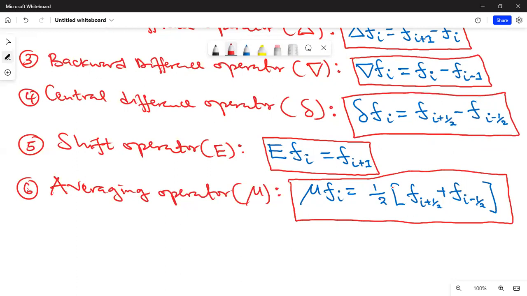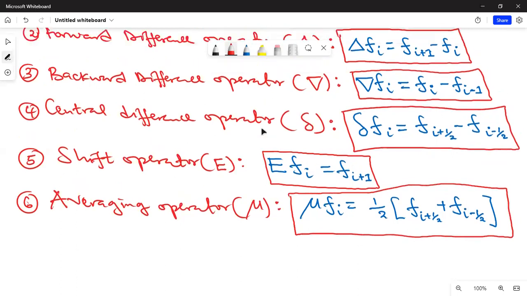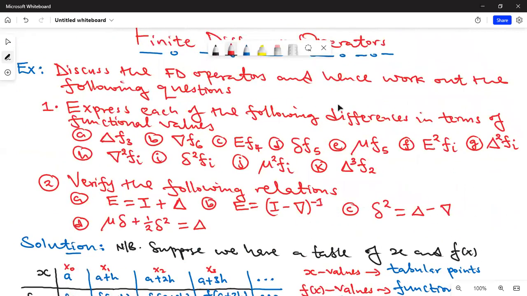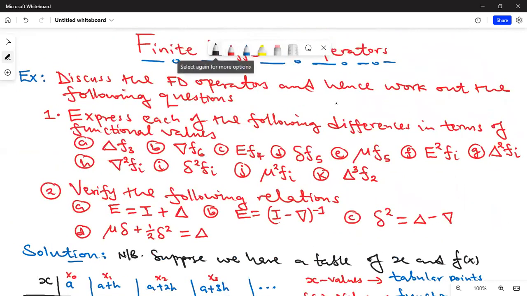So for the first question, let me take you up. Already we have discussed the operators. Now we are at question 1. Let us solve question 1. Express each of the following differences in terms of the functional values.